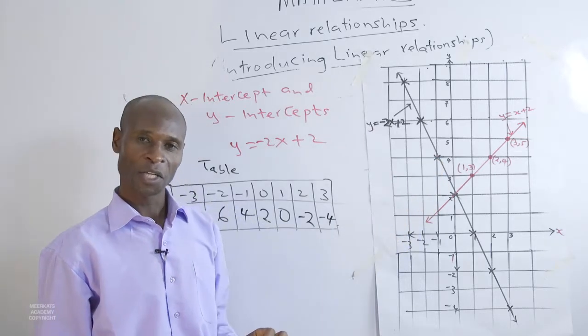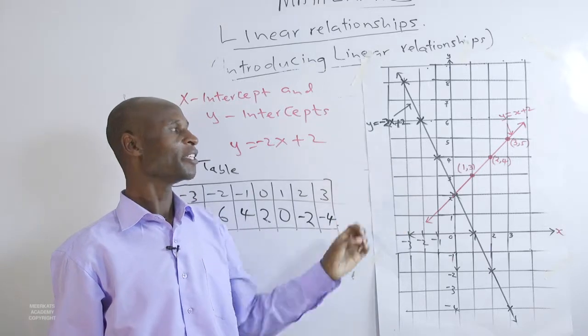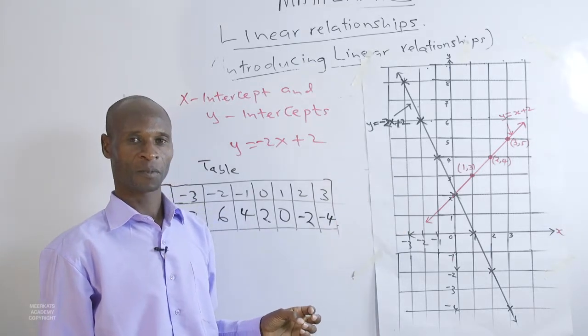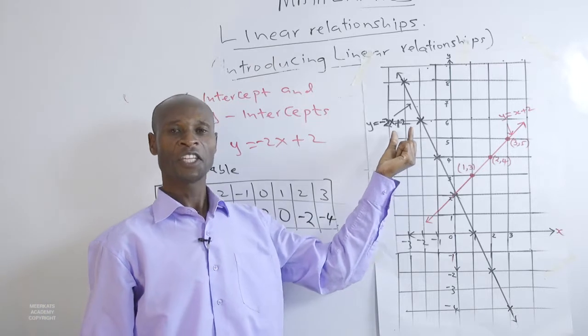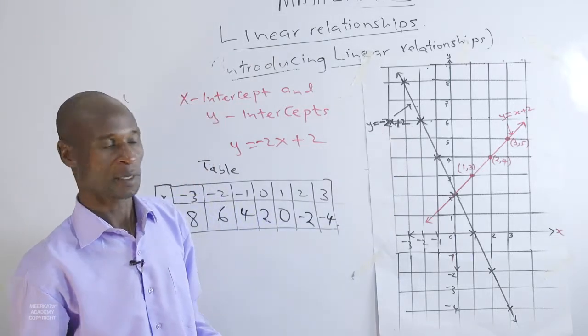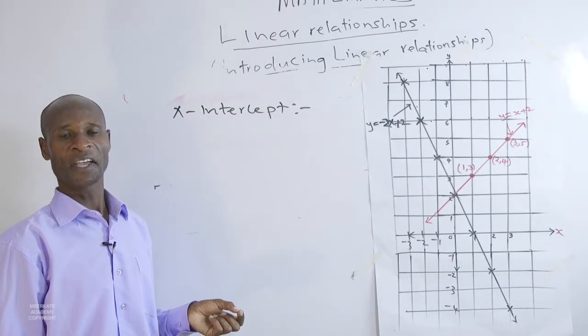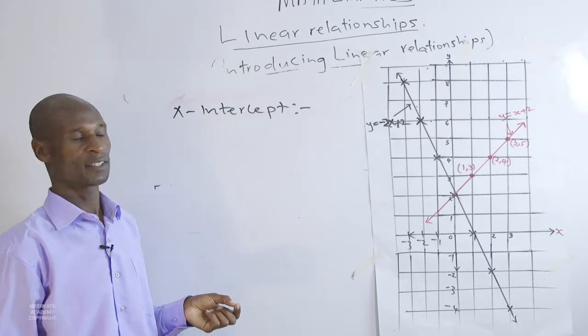Therefore, the next question is, how do I identify the x-intercept and y-intercept from our graph? So we need to know the definition of the terms x-intercept and y-intercept. The x-intercept is a point where the graph cuts the x-axis.